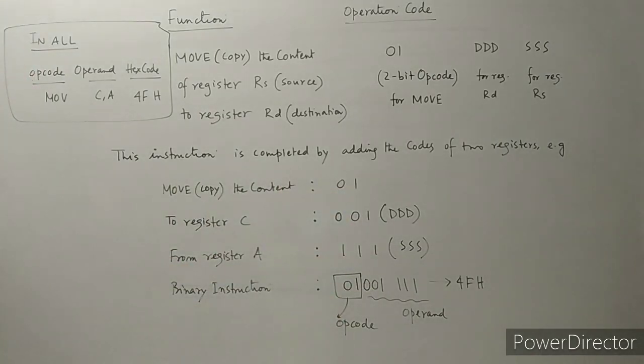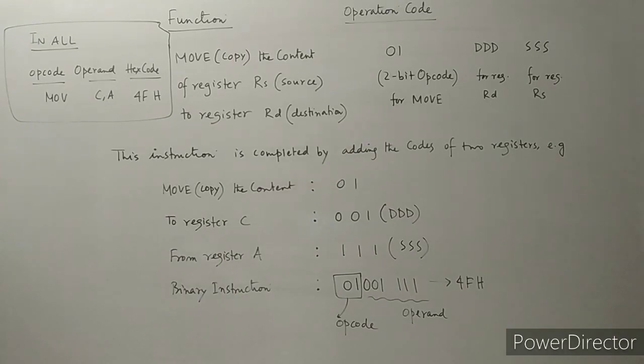In assembly language, the opcode will be MOV, the operand will be C, A, and the corresponding hex code will be 4F. Please note that the first register is the destination and the second register is the source. So from A to C appears reversed compared to the general pattern from left to right.